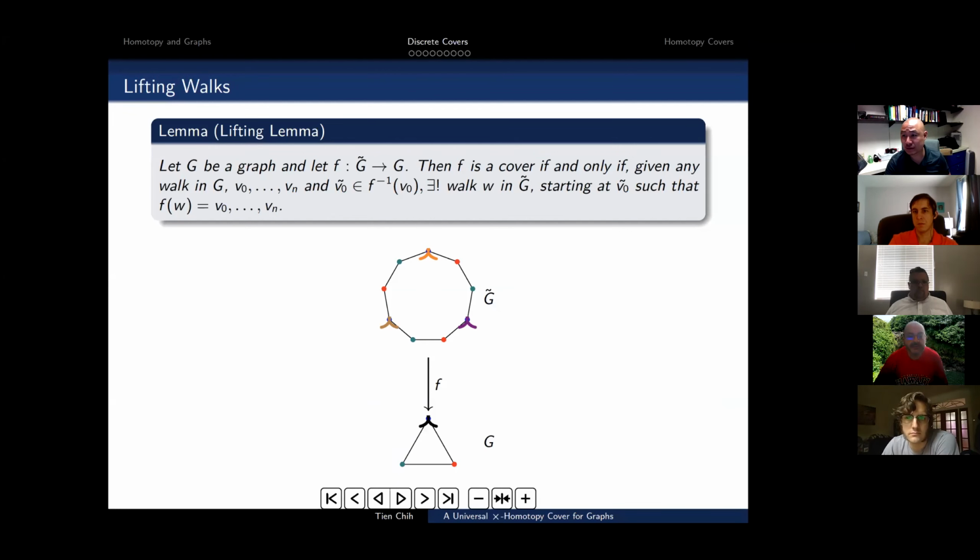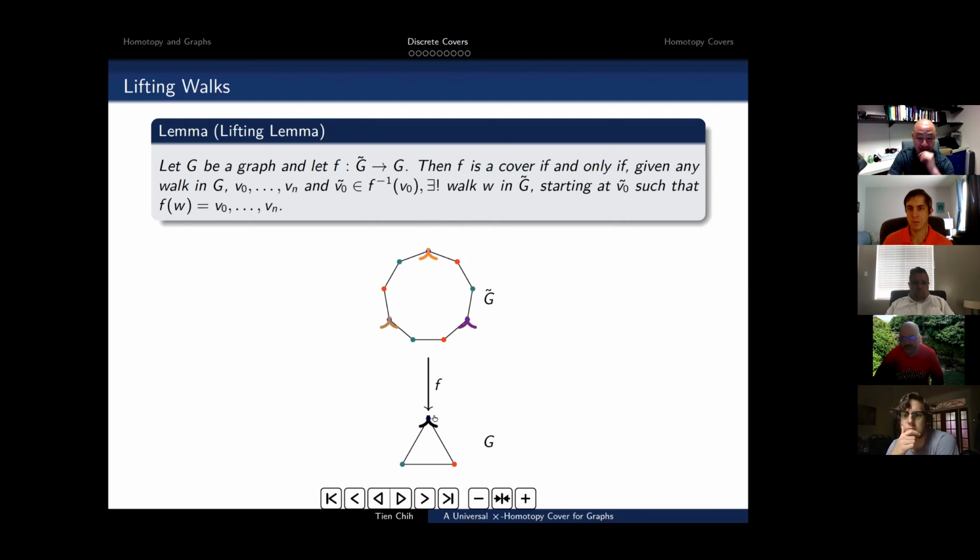And so one of our first results is that if I have a walk in G, it lifts uniquely to a walk in G tilde relative to my choice of preimage. So if I have a vertex, a blue vertex that's covered by this arrow here, depending on which one of these blue vertices I lift to, any walk starting at this blue vertex has to lift uniquely to a walk up here relative to that.